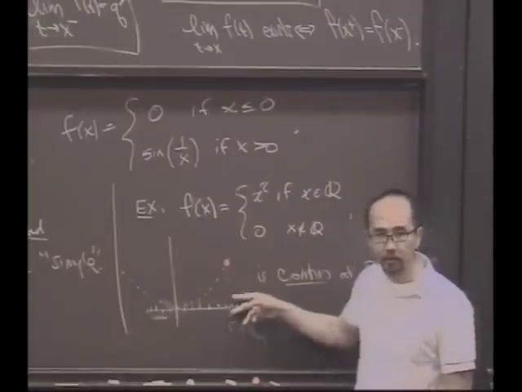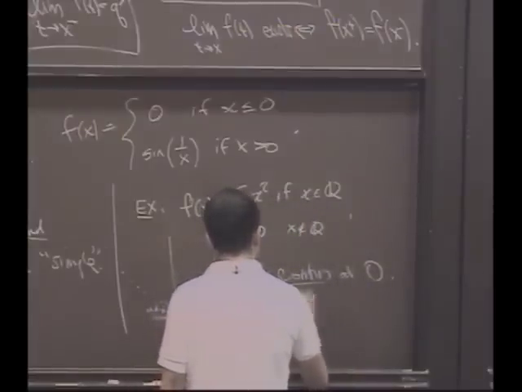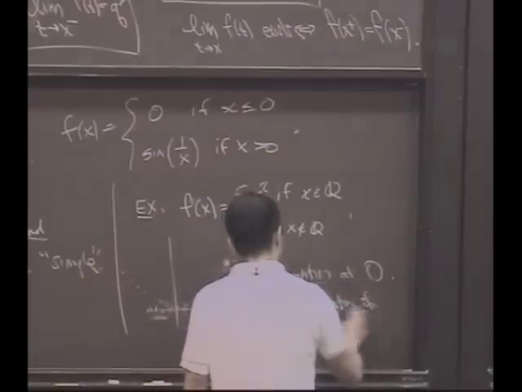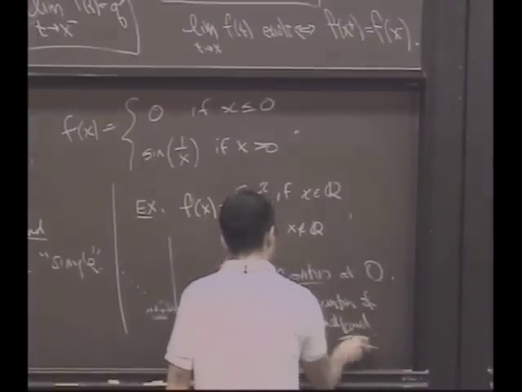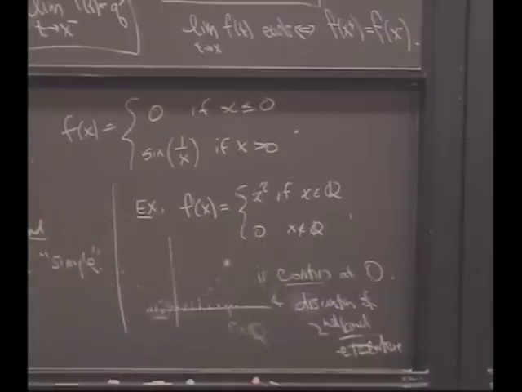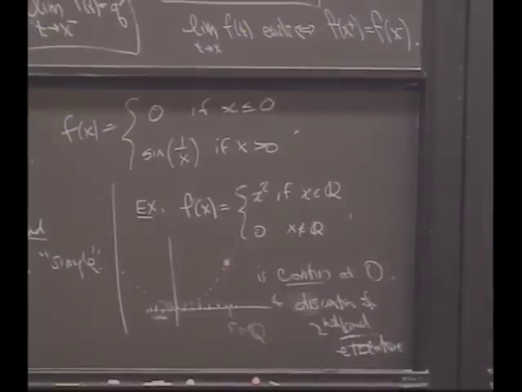Not this one either, right? So these are discontinuous at 0 and discontinuities of the second kind at all other points elsewhere. Okay, good. So we have some idea of what simple discontinuities are and what crazy discontinuities are.